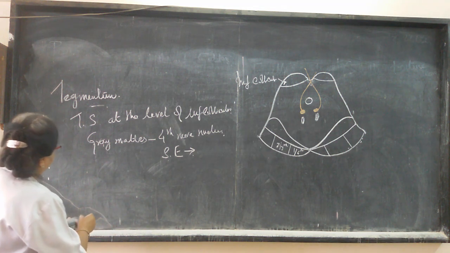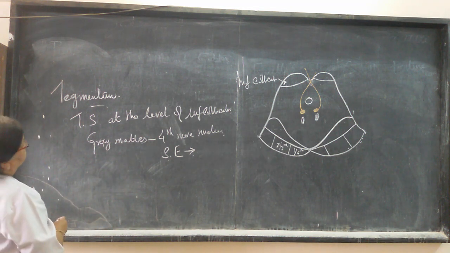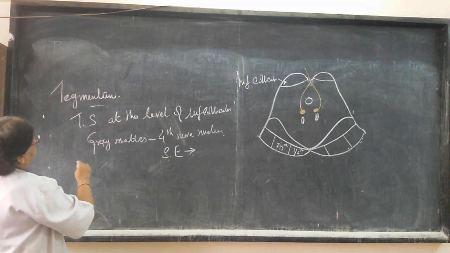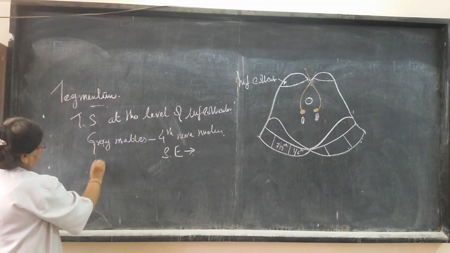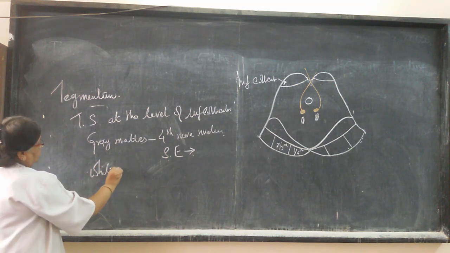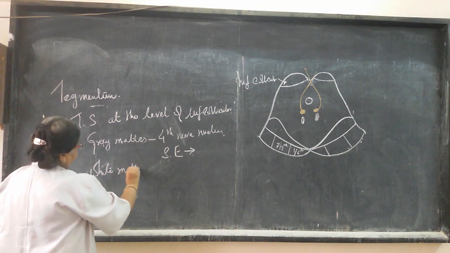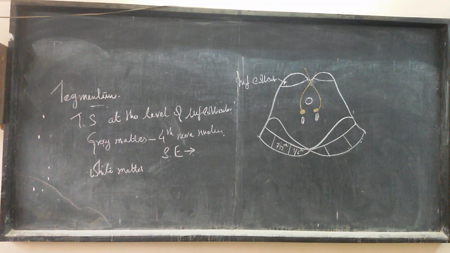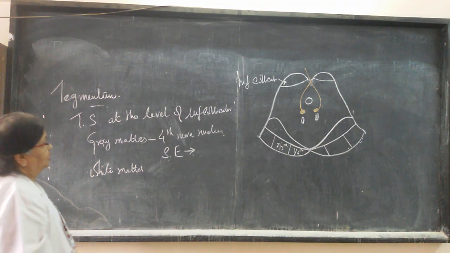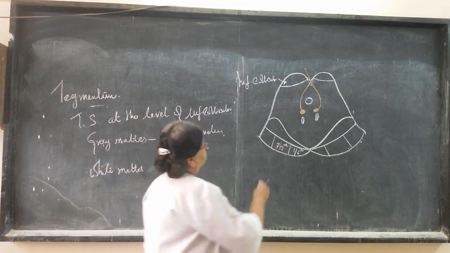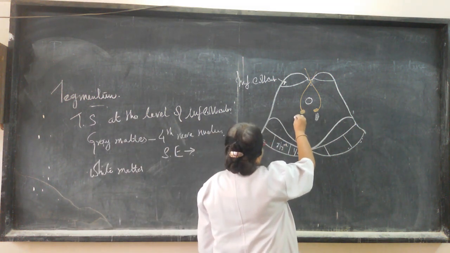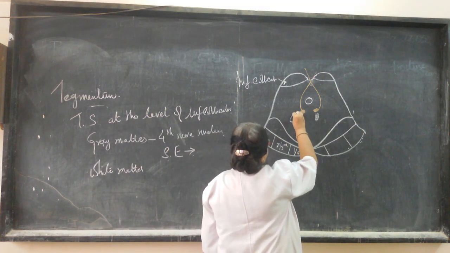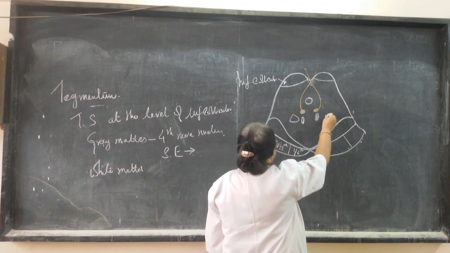The white matter of the midbrain at the level of inferior colliculus contains the lemnisci. All the lemnisci are present at this level. Here we will get the medial lemniscus.